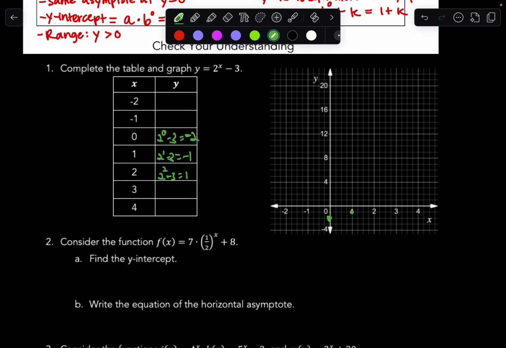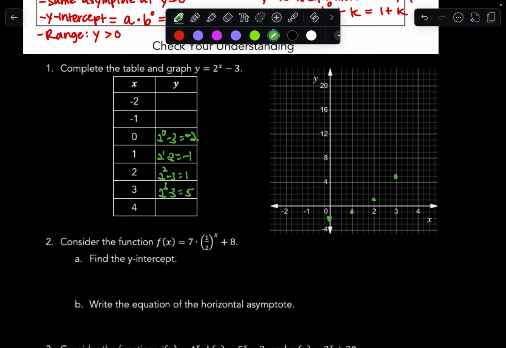So when x is 2, we're at 1. And when x is 3, that's 2 to the third minus 3. 2 to the third is 8. Minus 3 is 5. So when x is 3, we're at 5.